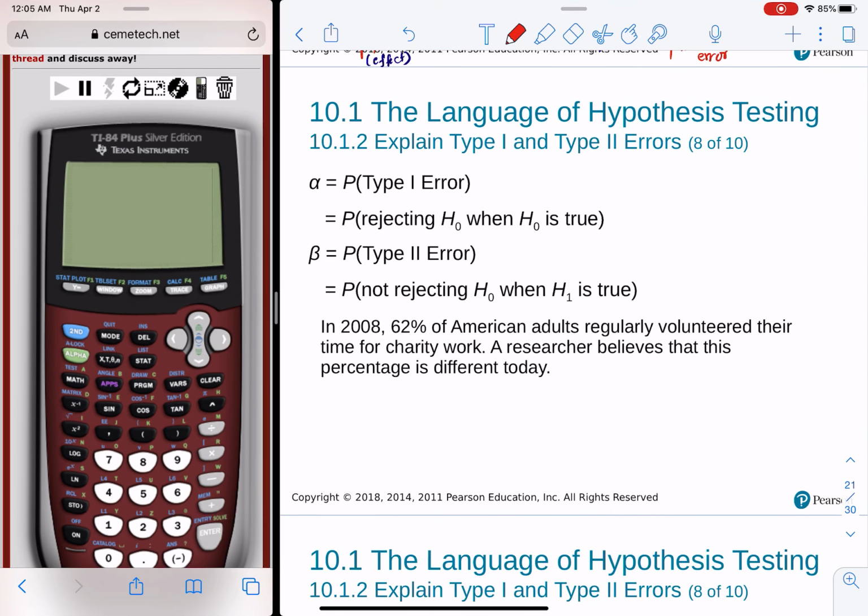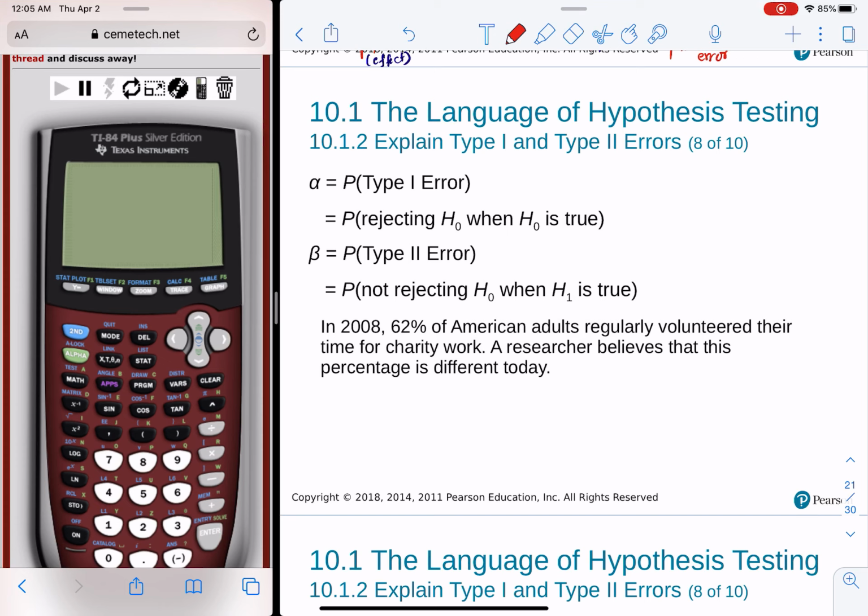So what we defined in the previous slides are simply the errors, the types of errors. We have type 1 error and type 2 error. Here we define alpha and beta.